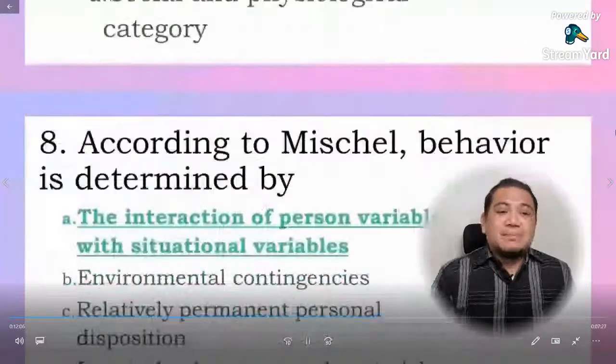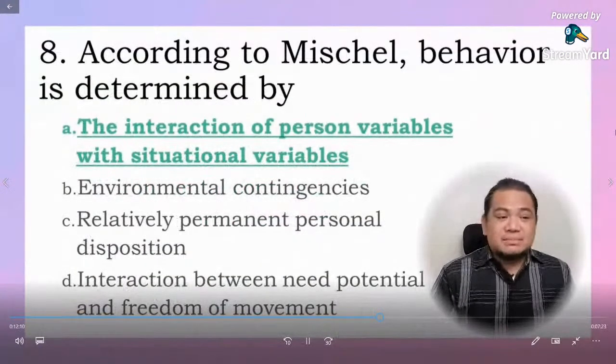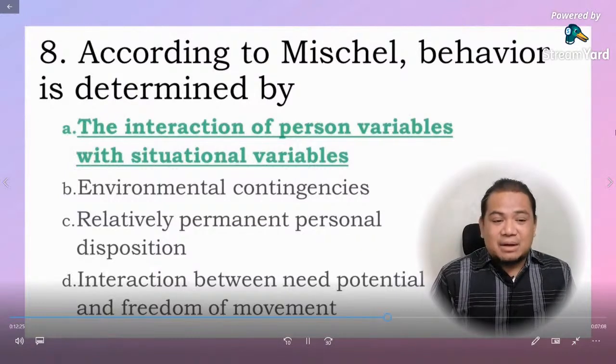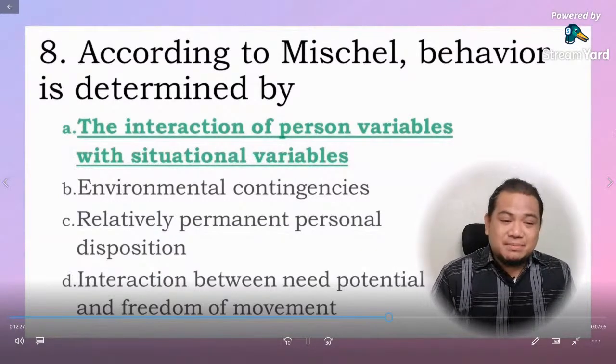Number 8, according to Mischel, behavior is determined by, yes, it's letter A, the interaction of person variables with situational variables. Mischel proposed a set of 5 overlapping, relatively stable person variables that interact with the situation to determine behavior.